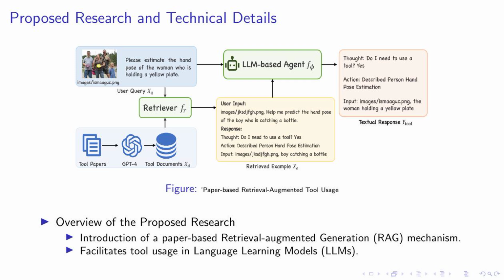This model then rearticulates the tool functions and generates potential user queries for tool activation. This approach leverages the extensive background, detailed instructions, and varied applications found in academic papers, allowing for a wide range of application scenarios. This innovative mechanism is a significant step forward in our quest to improve the accuracy and efficiency of tool usage in LLMs.